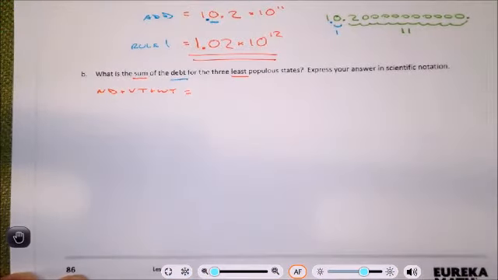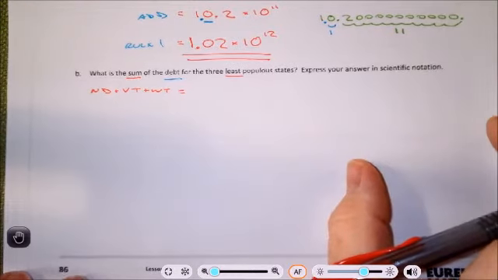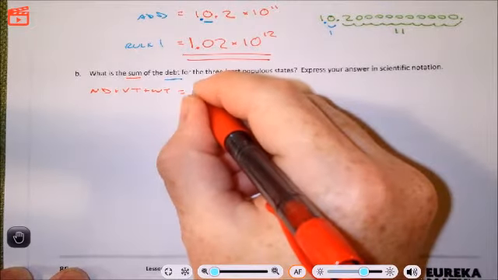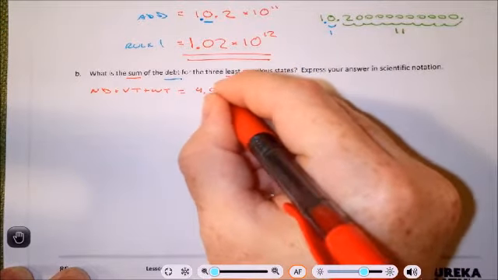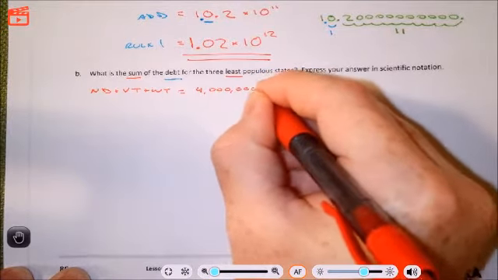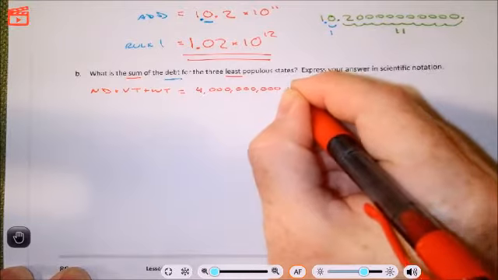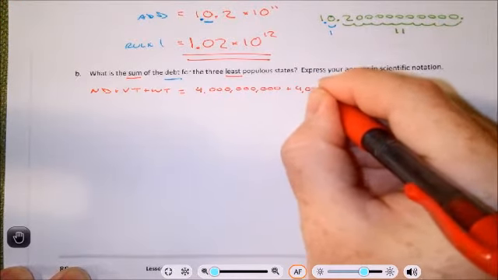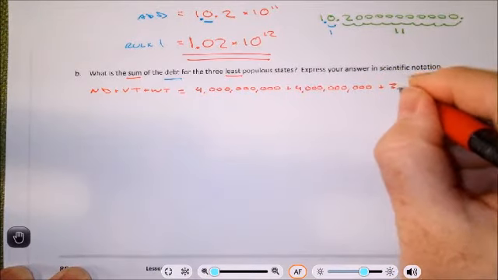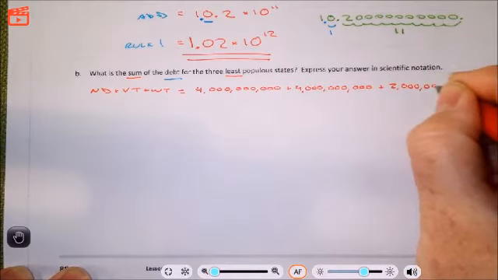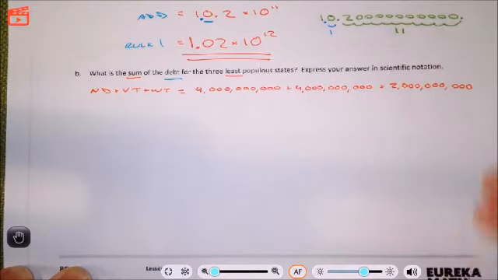And I will copy those debts down when I look at my table. So North Dakota's debt is $4 billion plus Vermont's debt, which is $4 billion, plus Wyoming's debt, which is only the small $2 billion.